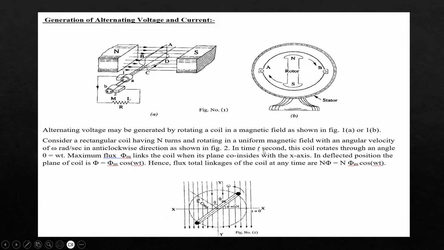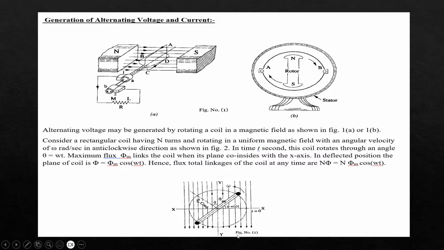In time t seconds, the coil rotates through an angle of theta equal to omega t. Maximum flux, which is phi m, links the coil when its plane coincides with the x-axis, because this is the x-axis, this is the y-axis.